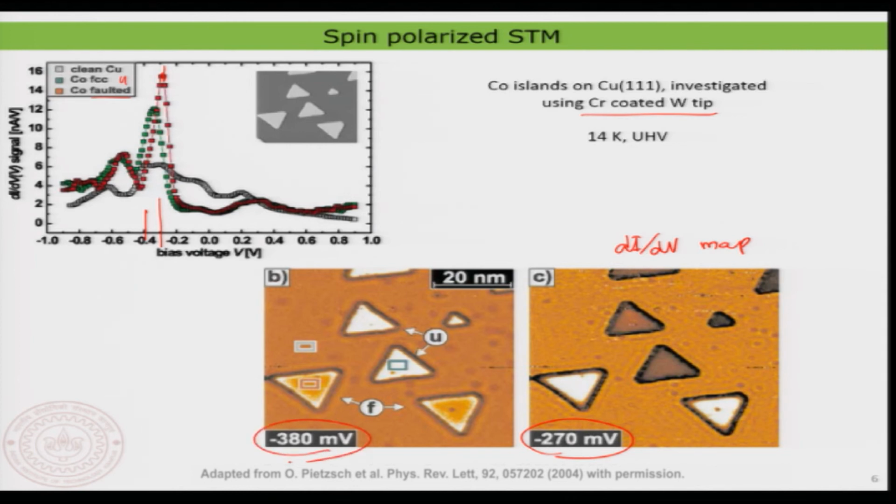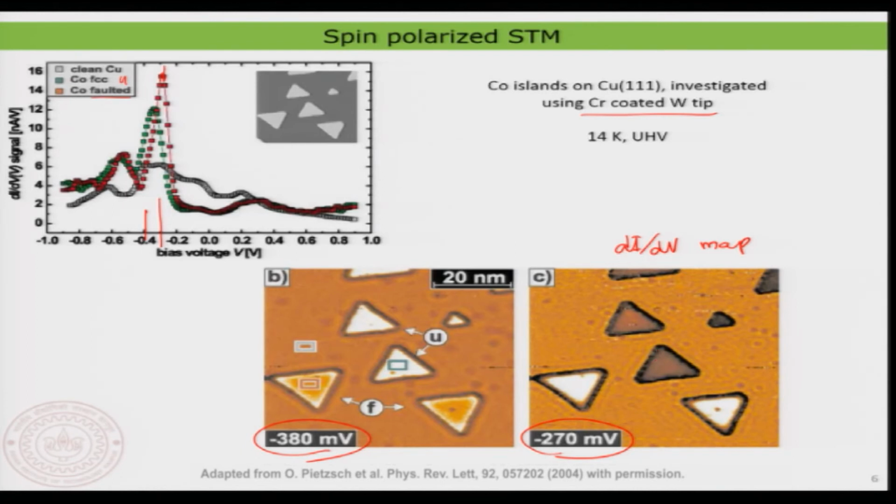Now you see that because the intensity of this particular D state is very low for one type of island, one type looks dark and the other looks bright. This clearly indicates that the spin density of the faulted island is much higher compared to that of an unfaulted island.